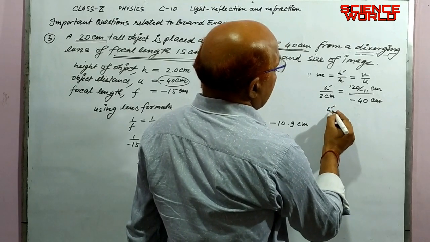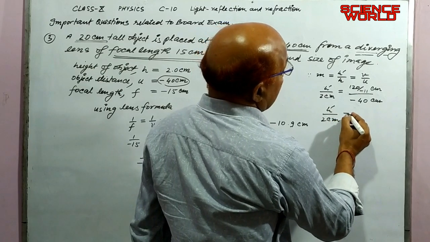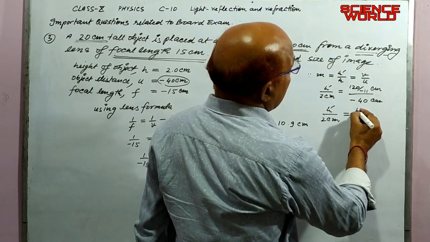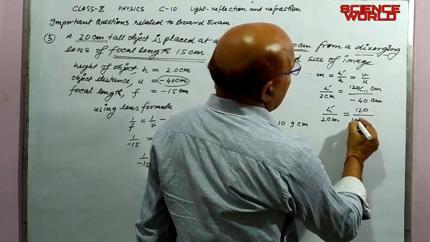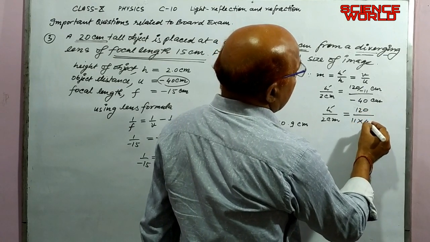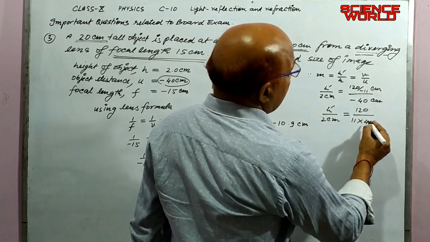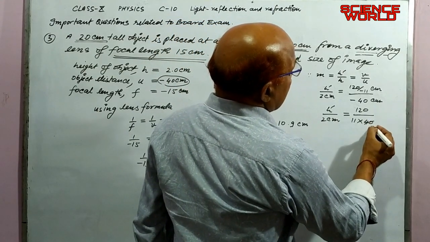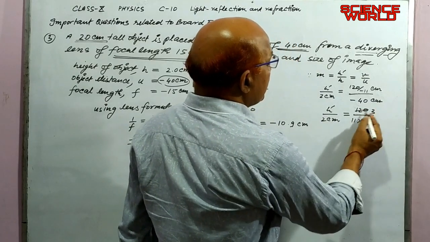Minus minus sign cancel out. So, h dash upon 2 centimeter is equal to 120 upon 11 into 40. Okay, 40 threes are 120. This is 3 by 11.